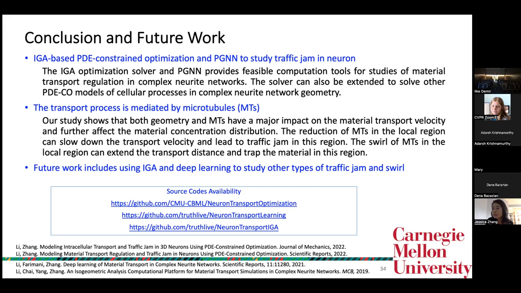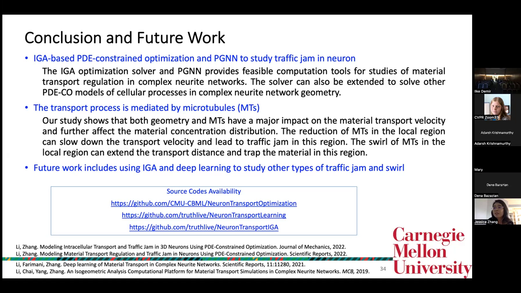So the reduction of the microtubules in a local area can slow down the transport velocity and lead to traffic jam in that particular area. The swirl of microtubules in a local area, together with the swelling geometry, can extend the transport distance and also trap the material in that area.